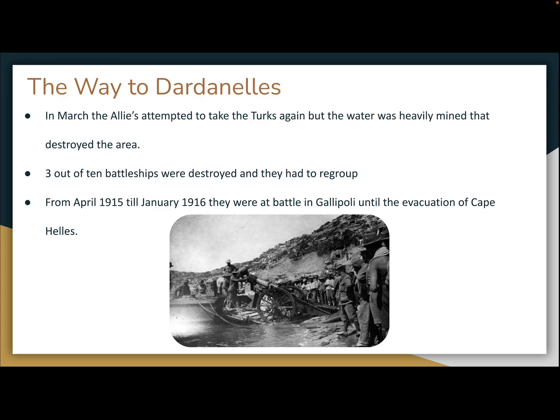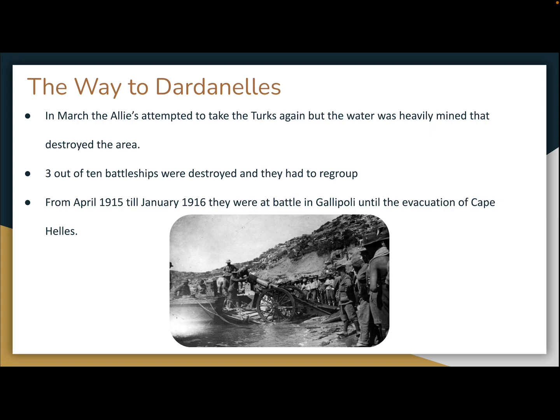The way to Dardanelles. In March, the Allies attempted to take the Turks again, but the water was heavily mined, which destroyed the area. So they lost a lot of men during that and a lot of supplies. They had to regroup, so they retreated in a way, and they tried again from April 1915 till January 1916.